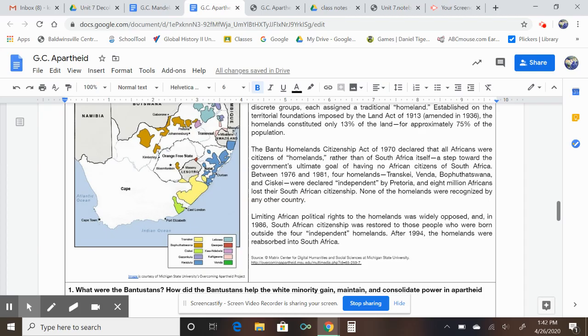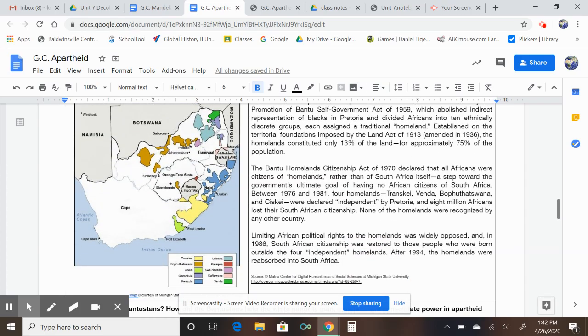So basically, all this is saying is that the government decided to, instead of letting the Black South Africans be citizens of South Africa, make these Bantustans and say that you're not South African, you're part of this Bantustan, you're part of this homeland.